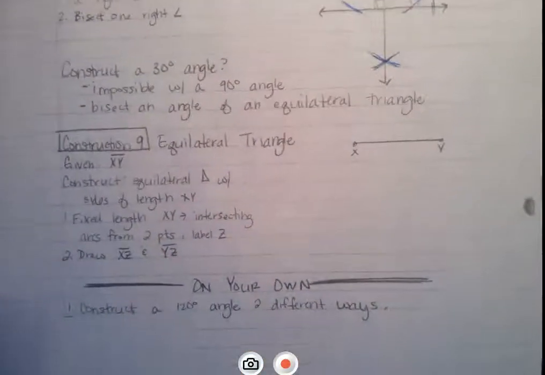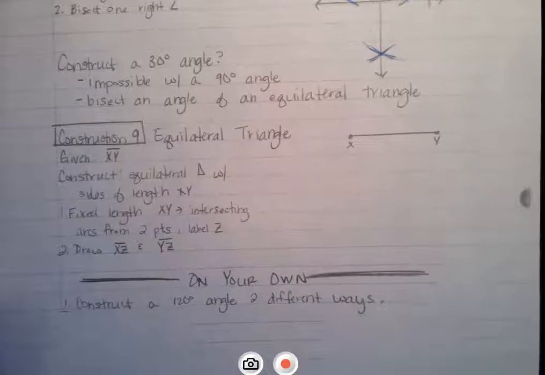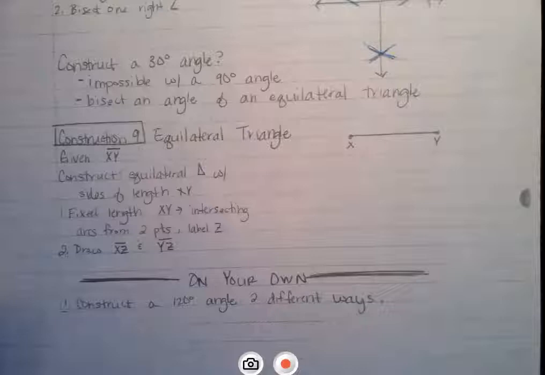Last one is to construct a 30-degree angle. Let's look at this. It says construct a 30-degree angle. It is impossible with a 90-degree angle because we don't know how to cut it in thirds. Construct means we're just using the protractor and the compass. So it's impossible. However, we can bisect an angle of an equilateral triangle.